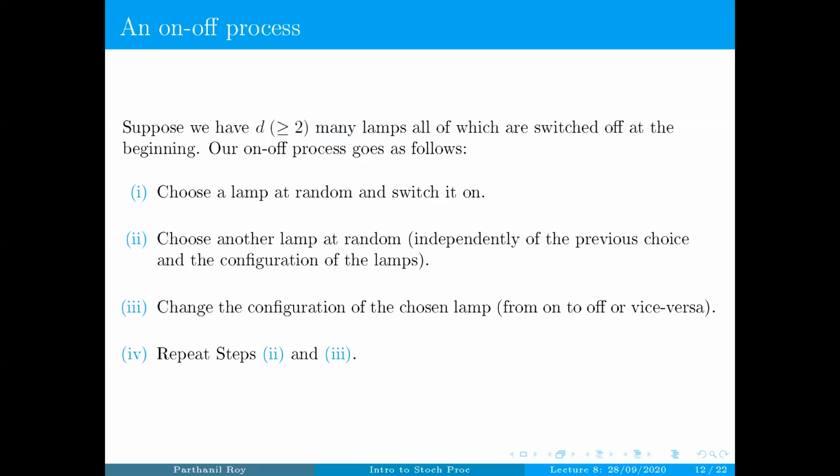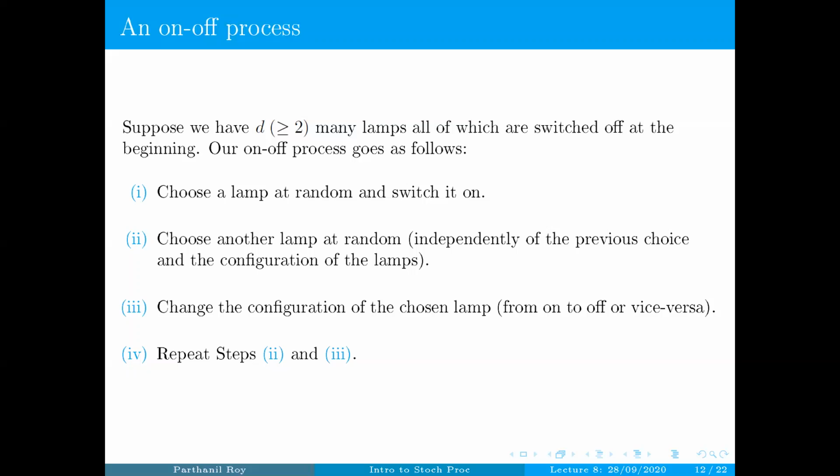Every time you choose another lamp at random and uniformly among all the lamps, independently of the previous choices. So you may choose the same lamp again, that is possible, and also independently of the configuration of the lamps.